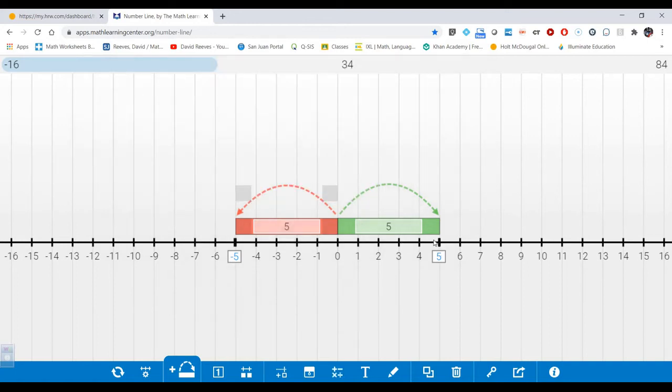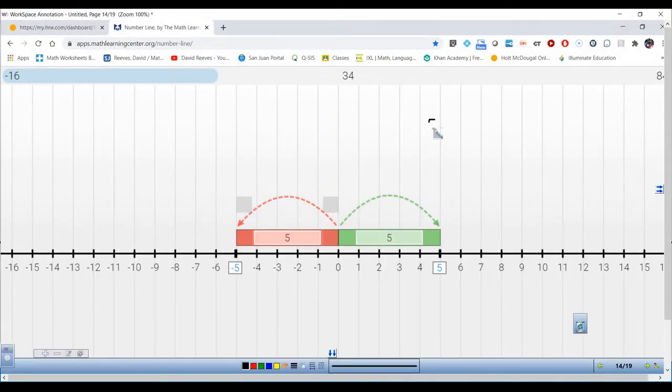So they are both 5 away. They are opposites because one is 5 to the right and one is 5 to the left. So we say that 5 is the opposite of -5. Or we could say -5 is the opposite of +5.